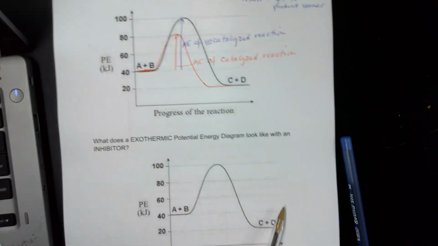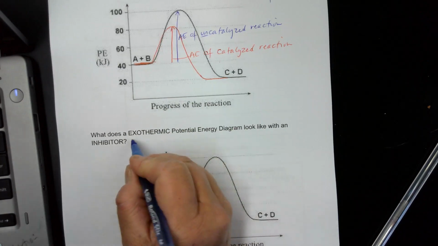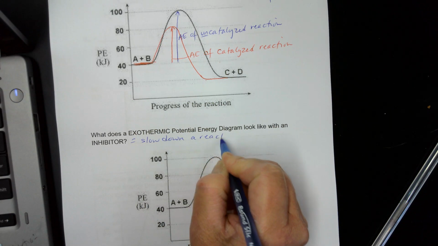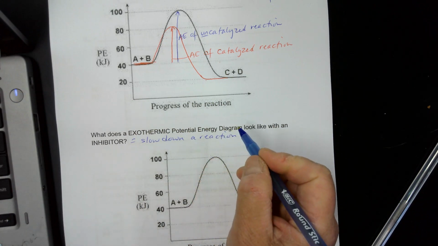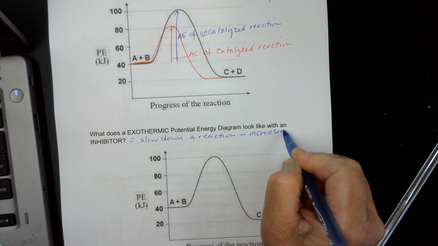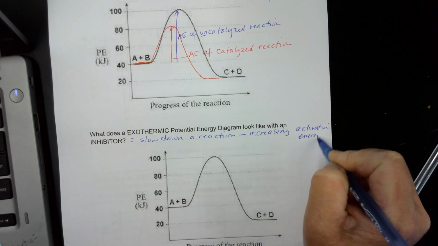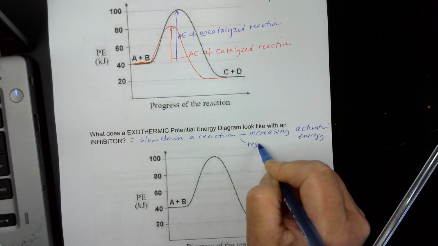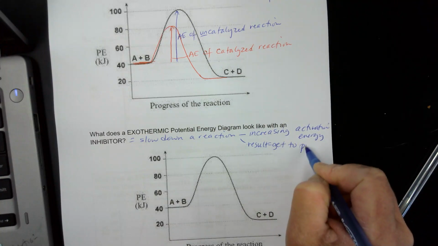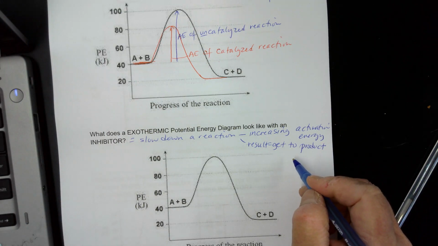What does this graph look like if we add an inhibitor? An inhibitor is going to slow down a reaction. It will do so by increasing the activation energy, and the result is that you get to the product later.